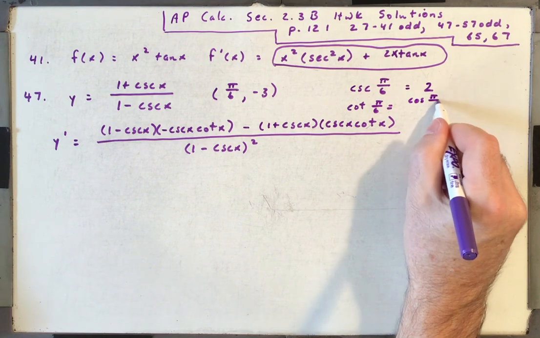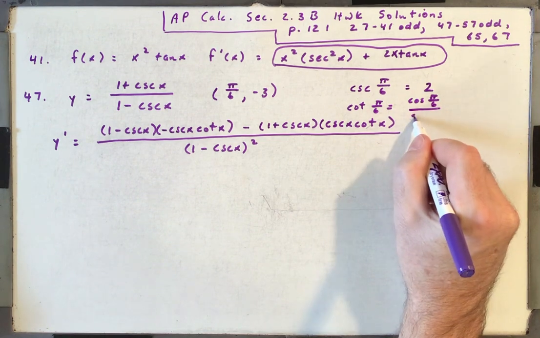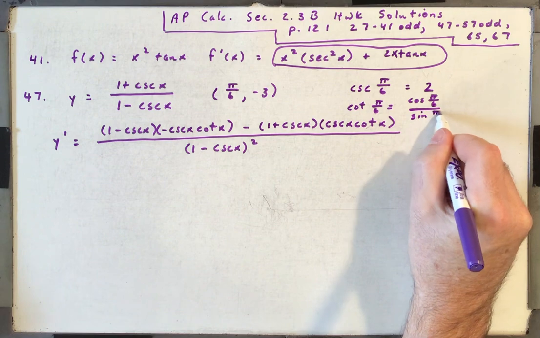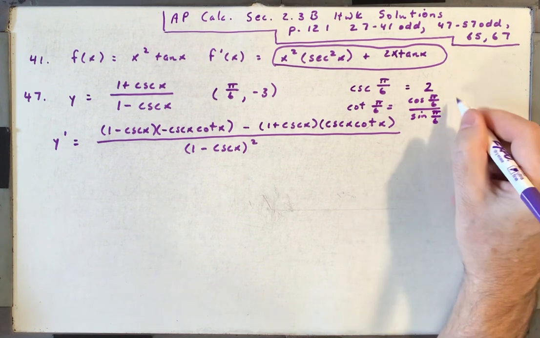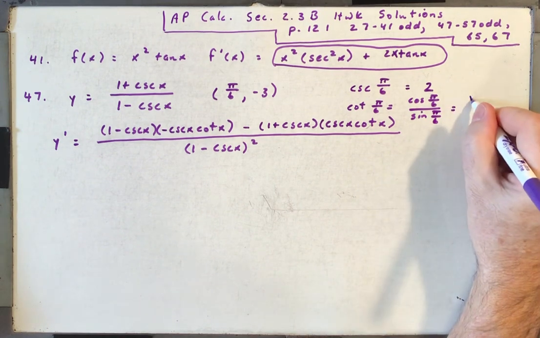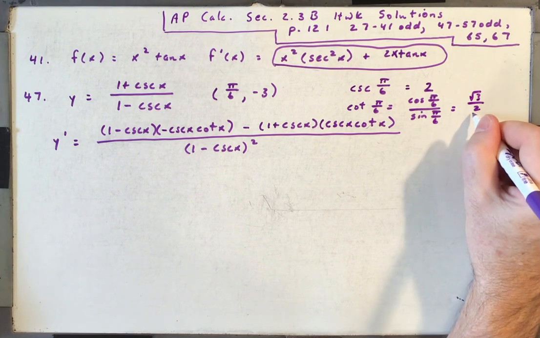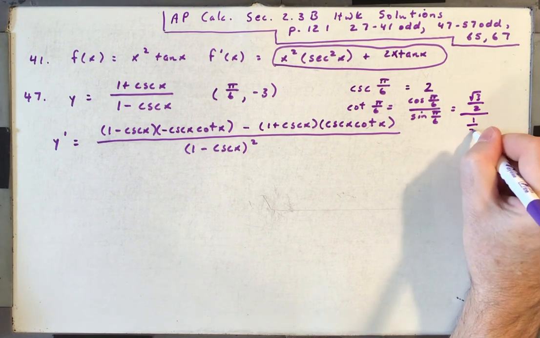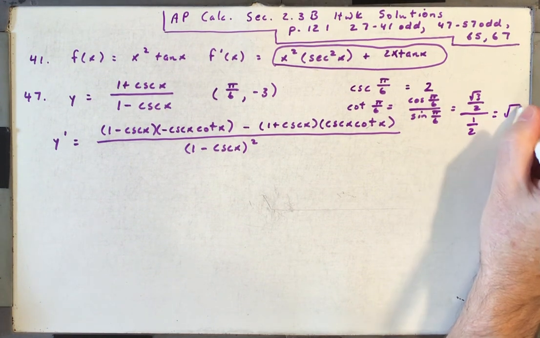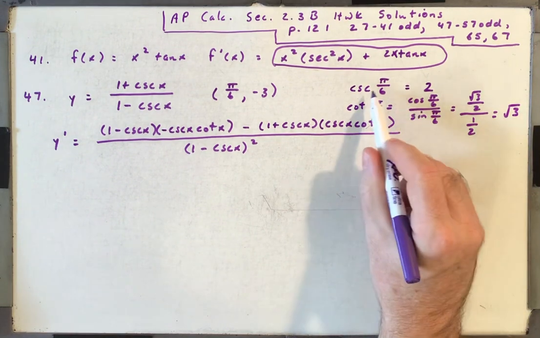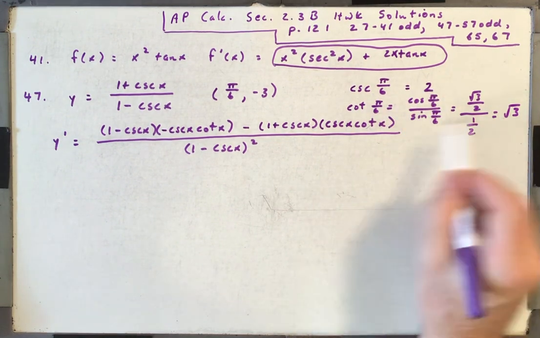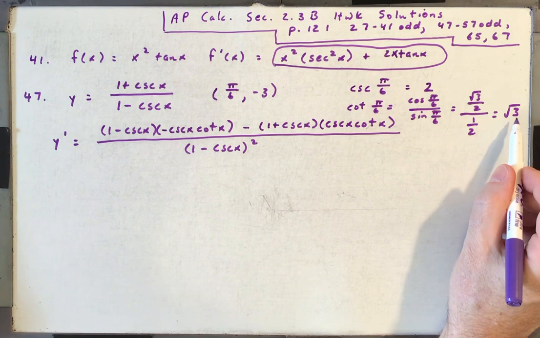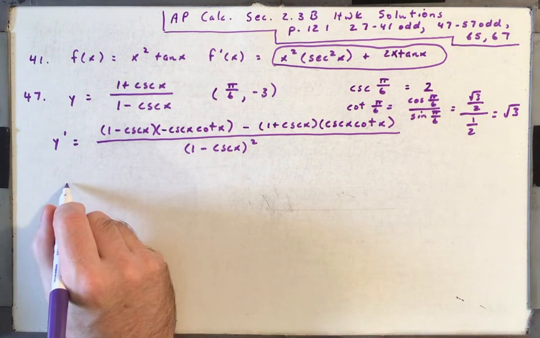So cosine of pi over 6 over the sine of pi over 6. So this is a really good unit circle exercise here. That's going to be root 3 over 2 divided by a half, which is root 3. So now I've got the cosecant of pi over 6 is 2, and the cotangent of pi over 6 is root 3. Now I'm going to plug all that in.